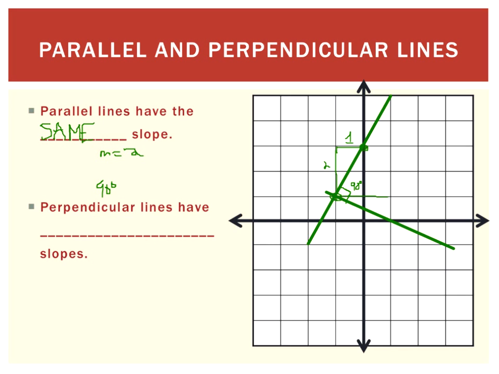And if we look at the slope of this one, okay, so our first line has a slope of 2. Our next line has a slope of negative 1/2.